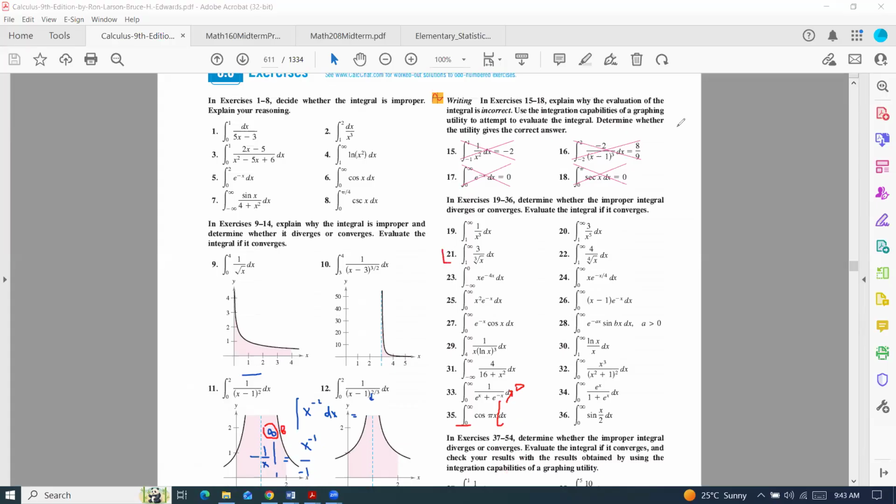How about 21, for example? Once again, I'm going to take it as a limit when b approaches infinity, but I don't want to put infinity as my limit value. So I'll put from 1 to b. And now it becomes an integral that I can take, and after I take the integral, I will calculate the limit.